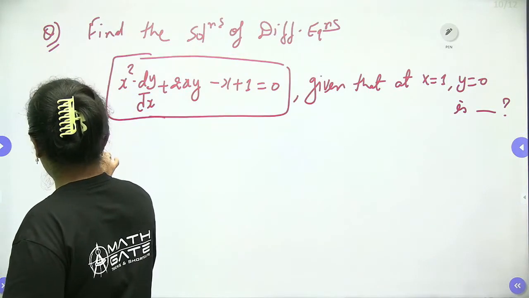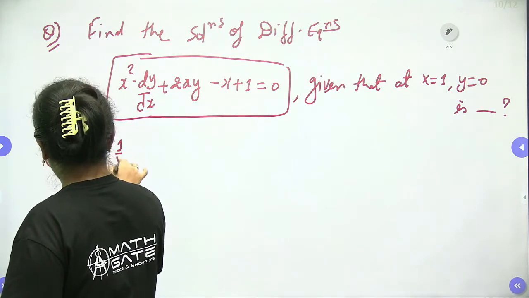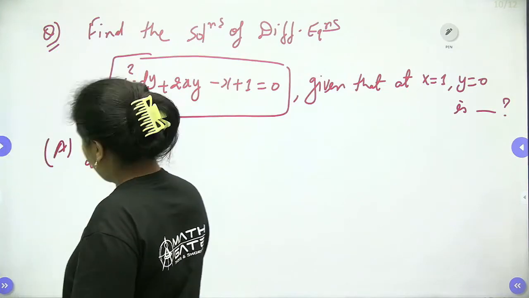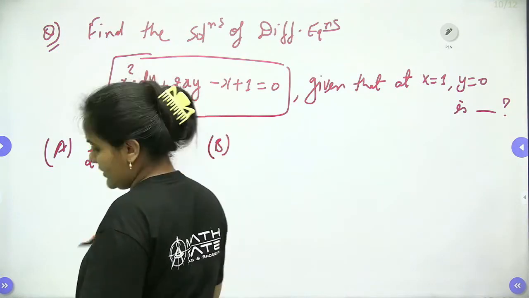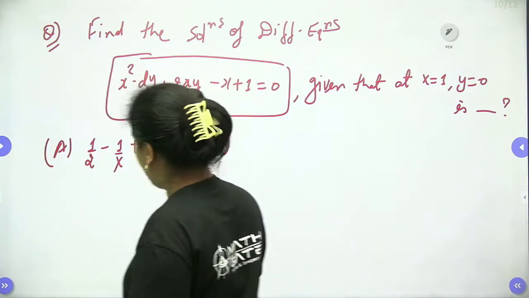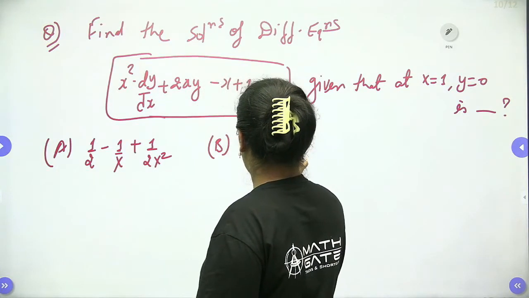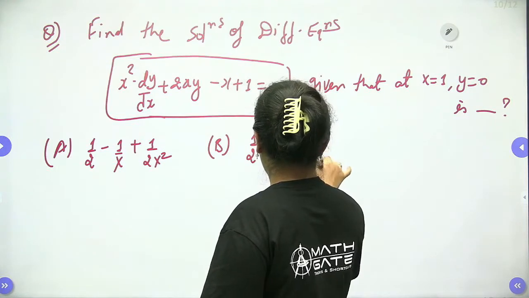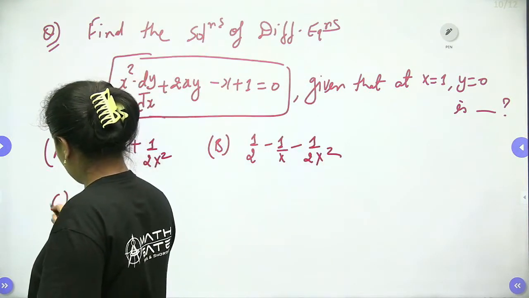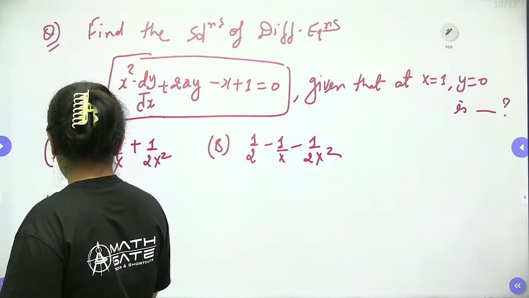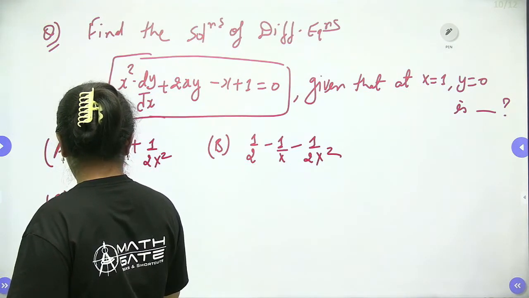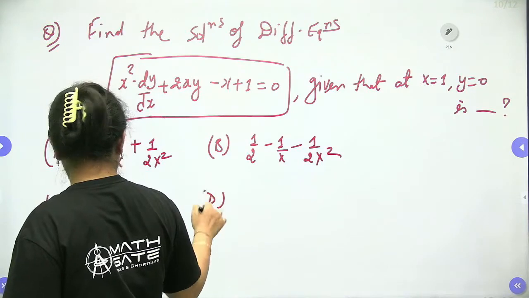Let me write down the options, guys. The first is 1 by 2 minus 1 by x plus 1 by 2x square. The second is 1 by 2 minus 1 by x minus 1 by 2x square. The third option is 1 by 2 plus 1 by x minus 1 by 2x square.